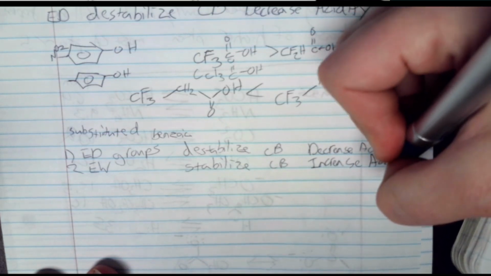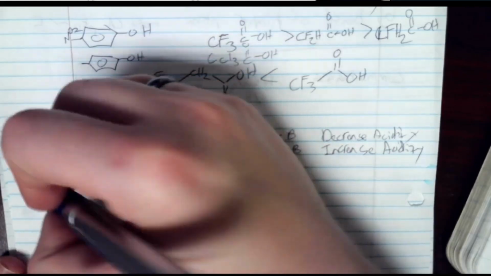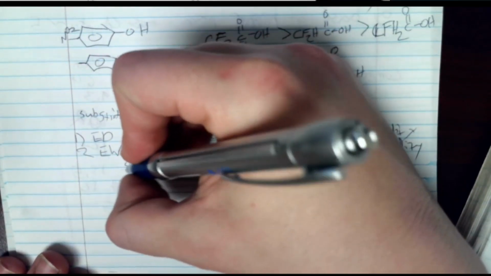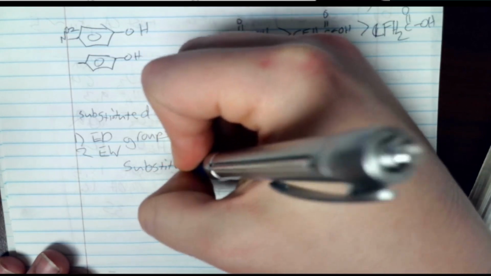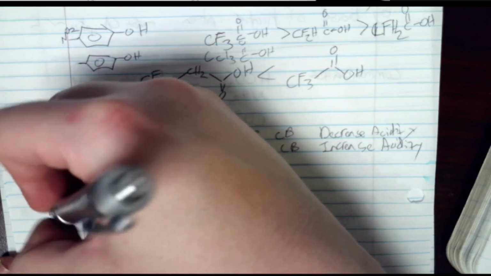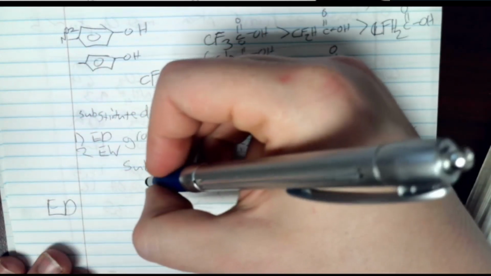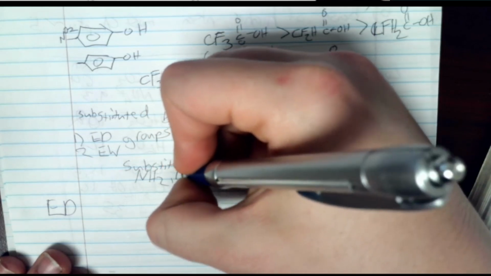So here's an example. The substituents, what can we have? We can bring them down to electron donating. We have our amines of all types.